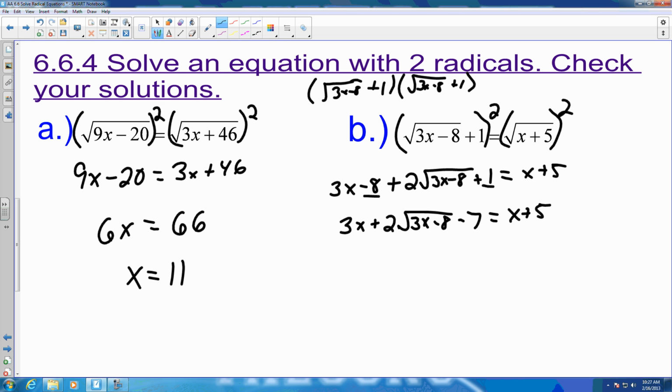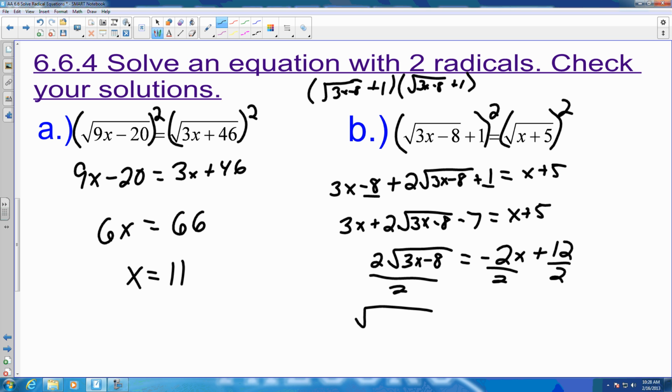So I'm going to add 7 and subtract 3x on both sides, which leaves me with 2 times the square root of 3x minus 8 equaling negative 2x plus 12. Now I can divide both sides by 2, which leaves me with the square root of 3x minus 8 equaling negative x plus 6.